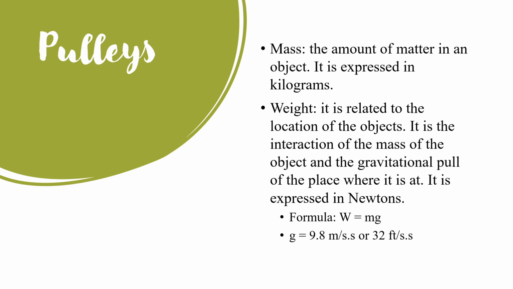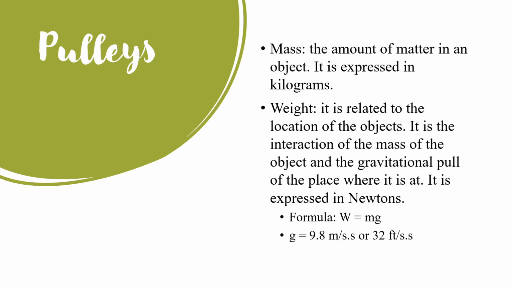Weight is related to the location of the object. It is the interaction of the mass of the object and the gravitational pull of the place where it is at. It is expressed in newtons, because we're studying Newton's law, right? In order to find the weight, we are going to be using the following formula, in which weight equals mass times gravity.